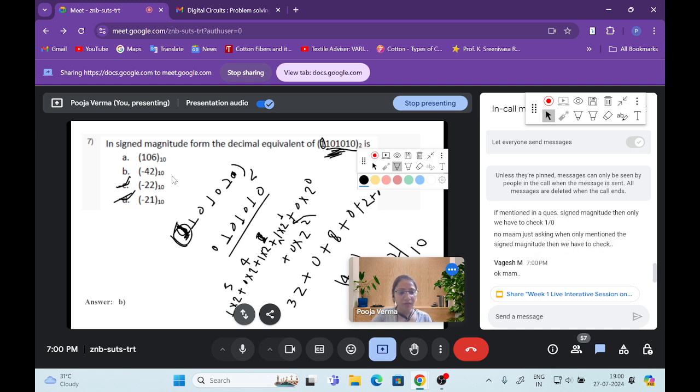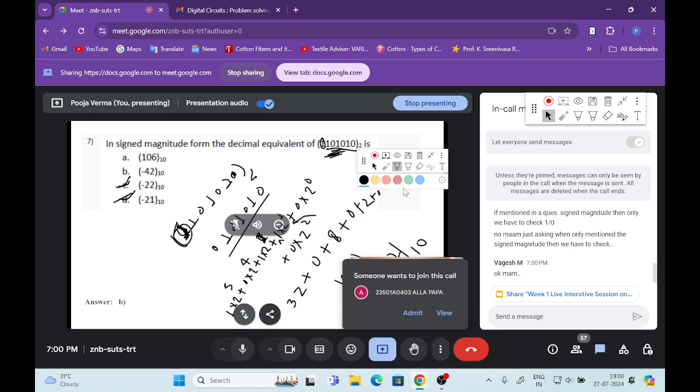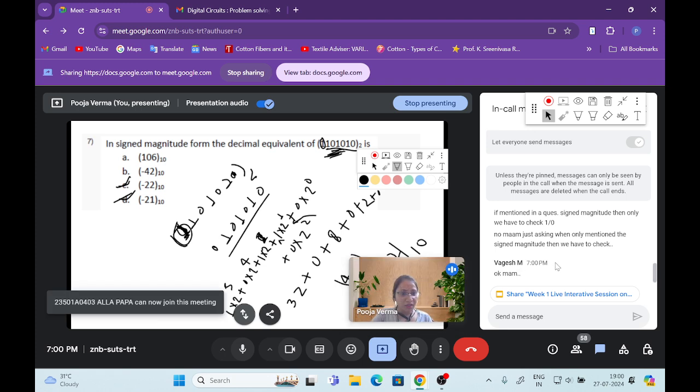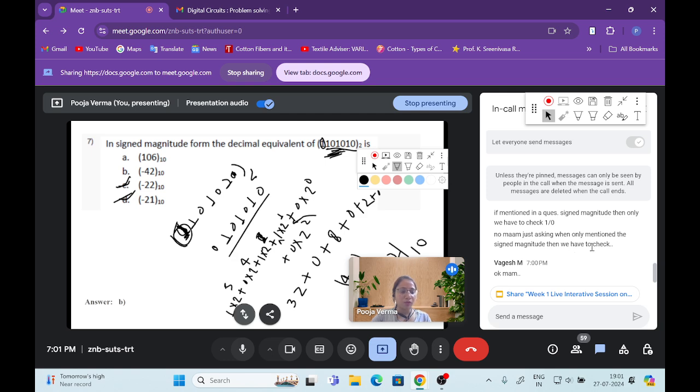Okay, so what is the next question? If sign magnitude is mentioned in a question, then only we have to check 1 or 0. Yes, in sign magnitude you have to check either 1 or 0.